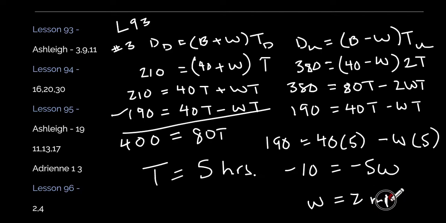I'm just going to double check that. 93, number 3. Yes. Okay. So that's all they were asking, was the water. 2 miles per hour. So that was right. That one was a little different.